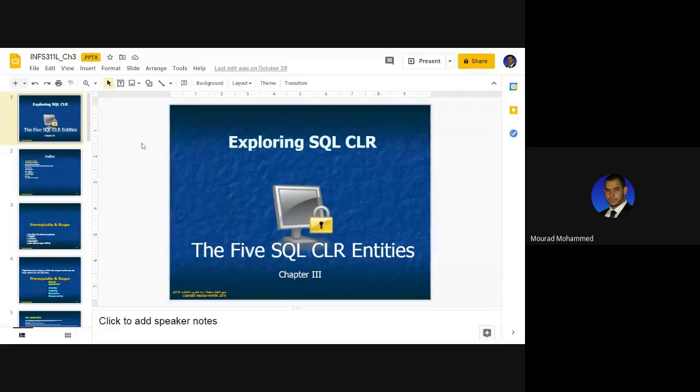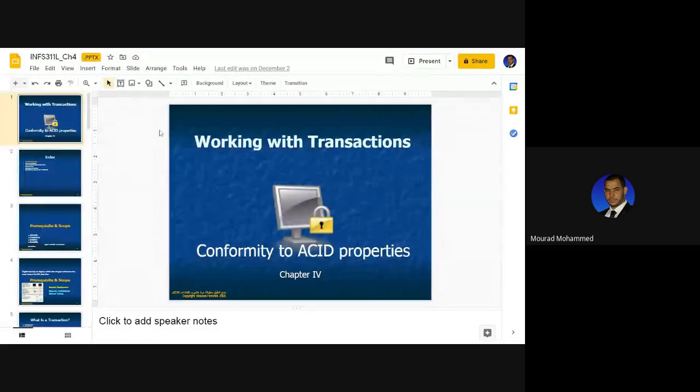Regarding the SPs, the stored procedures, or the SP CLRs, common language runtimes. Right after, we passed to unit number 4. Those units are all correlated, and they are helping us to go deeper and deeper in the context of securing database-based projects.